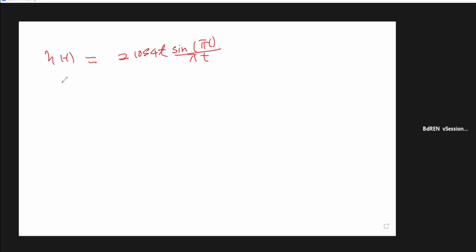You have been asked to calculate the output if your input is 1 plus cos pi t plus sine 4 pi t.